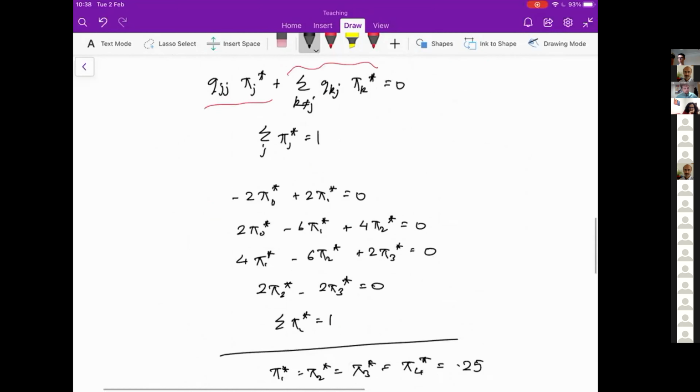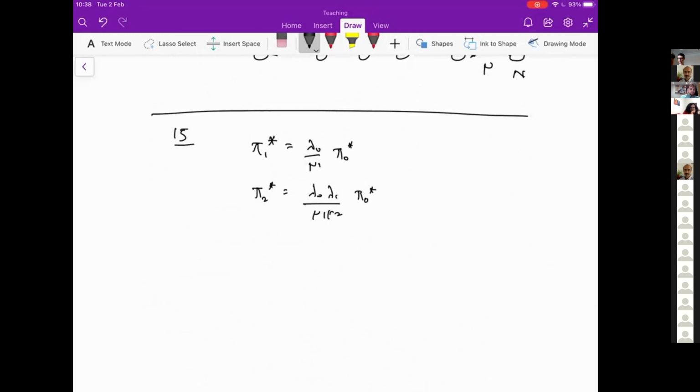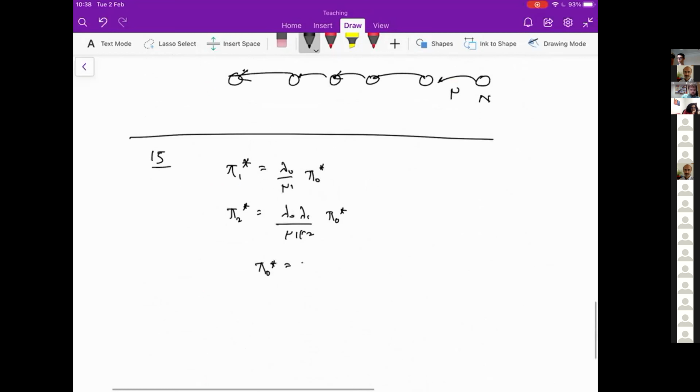And so just by looking, you can see that pi 0 star is equal to pi 1 star, equal to pi 2 star, equal to pi 3 star, etc. These are all going to be the same. Why? Because these two cancel out. So pi 1 star is pi 0 star, and the same holds true for the rest. They're all the same, and they sum up to 1. That means that pi i star for all i equals 0.25.